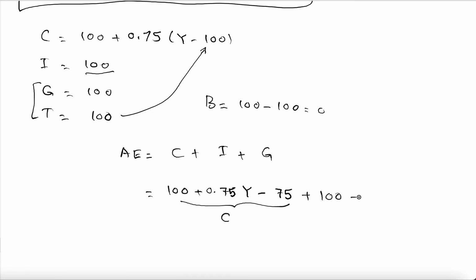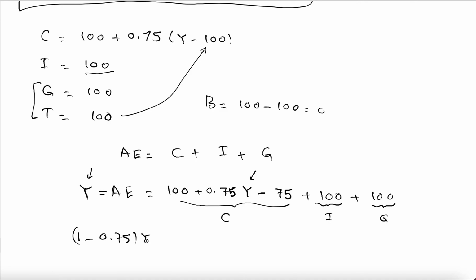The government spending is 100. So this is I and this is the G. So this is aggregate expenditure. And the equilibrium is that we are equating this to Y. Okay, so the only unknown variable is now Y. So we can take this to the left. So it becomes 1 minus 0.75 Y.